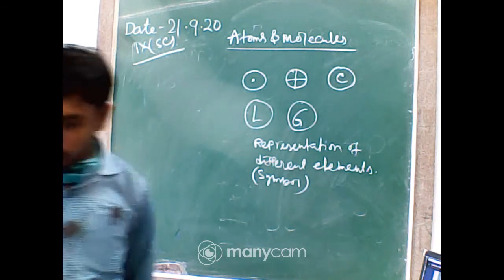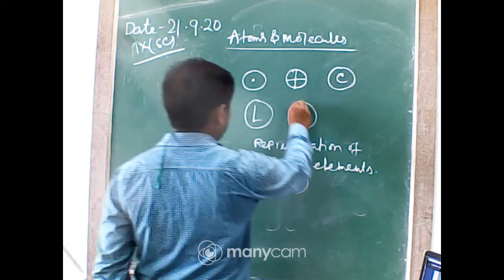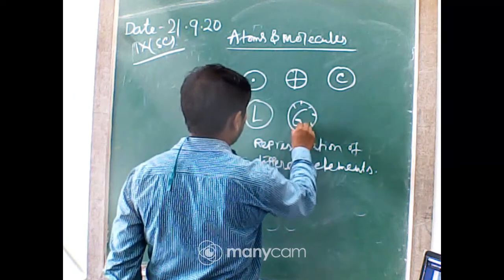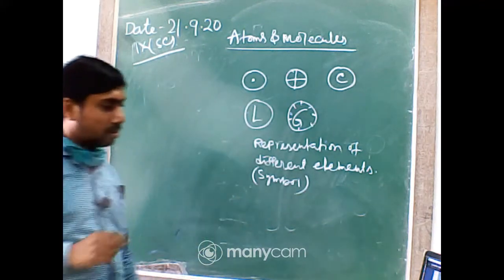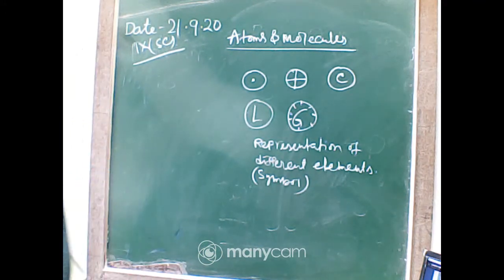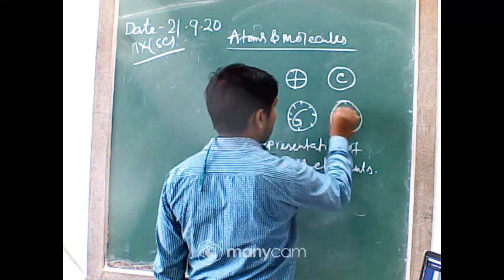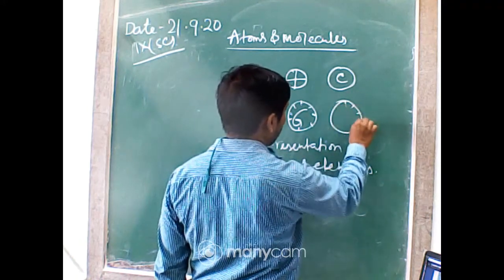Here is the gold; for gold there is a line like that. As it was very valuable, it is represented by a special kind of sign. For mercury you can see the same kind of sign. But there is no M.